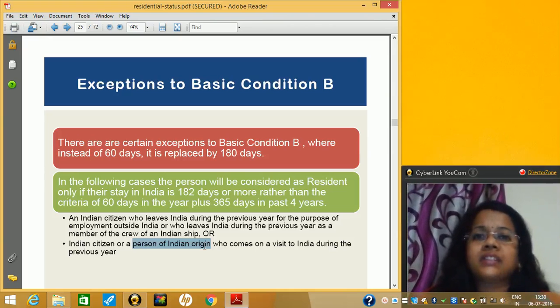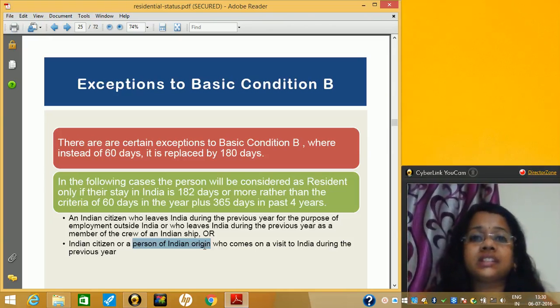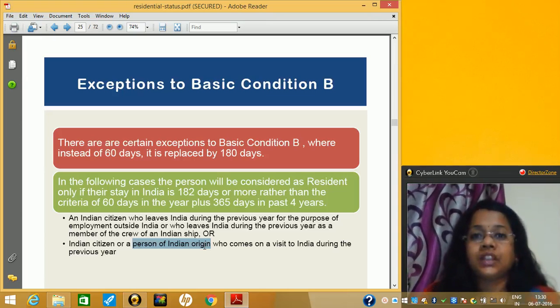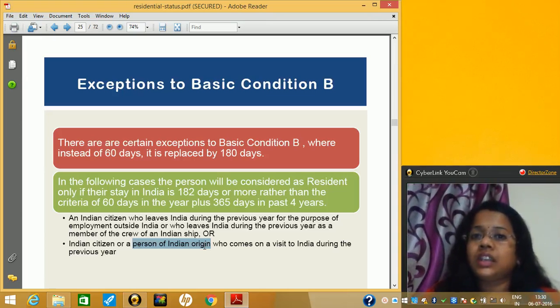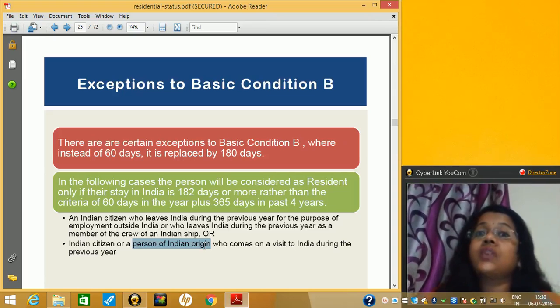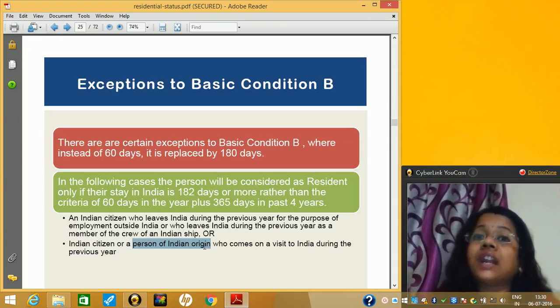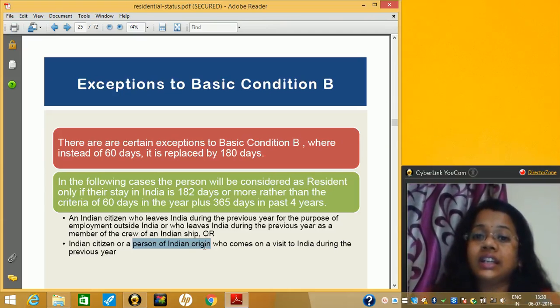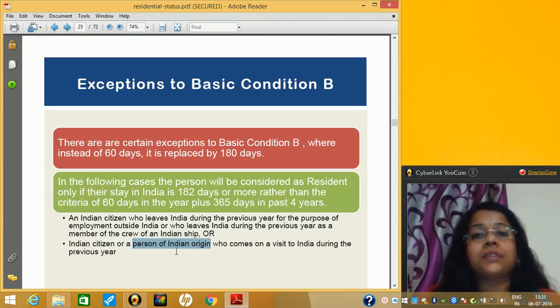His grandparents are also UK citizens. But his grandfather was born in undivided India. So if he was born in undivided India, then Mr. Sam will be considered as a person of Indian origin.